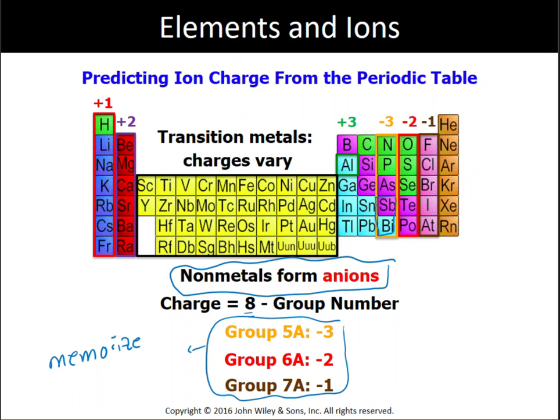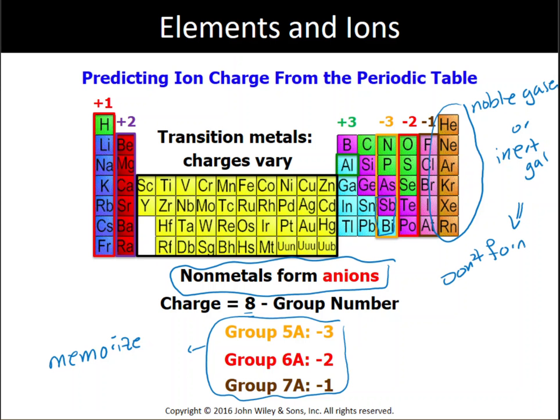So here, group 8A, which are the noble gases or inert gases, keep in mind that they don't form ions. Why? Because they're inert gases.